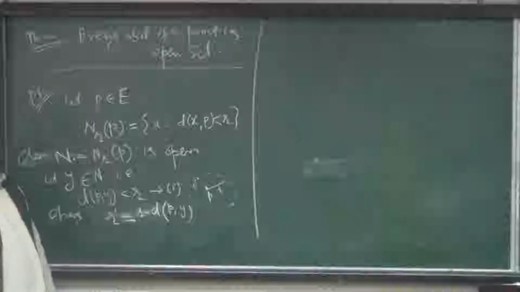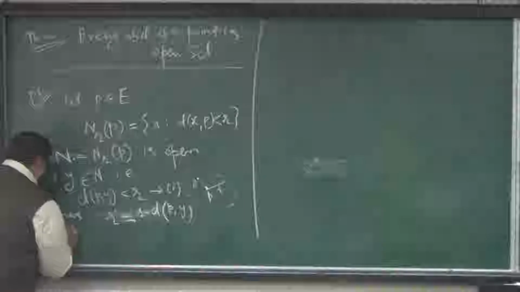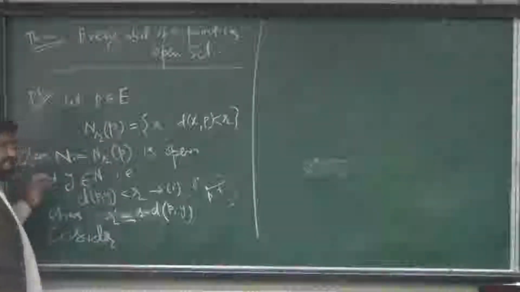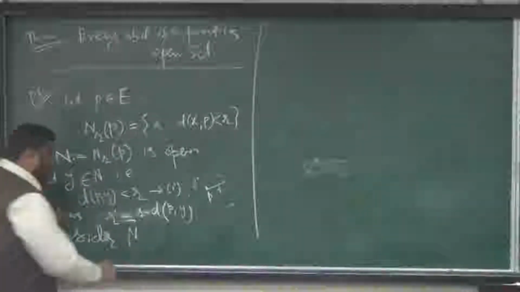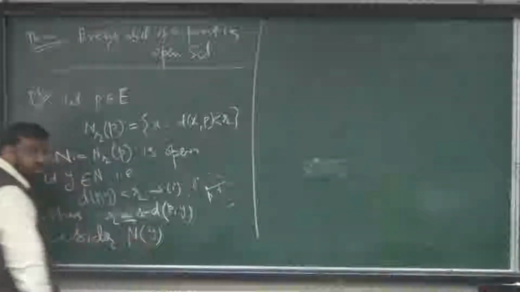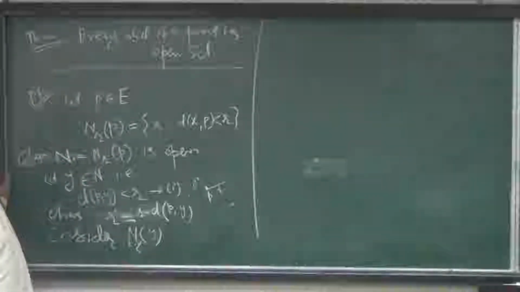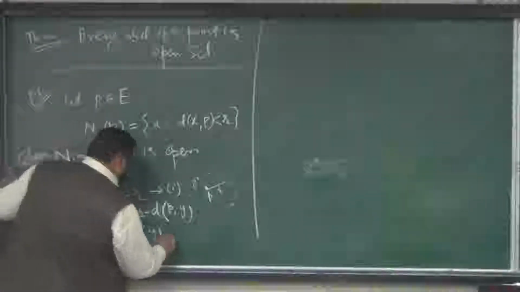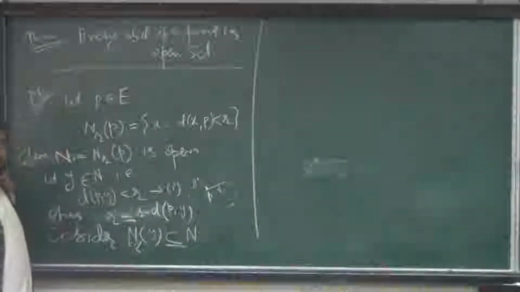Now draw any neighborhood at Y. Okay, so let's draw a neighborhood. Consider a neighborhood of radius R prime at Y. Okay, and your claim is that this is entirely contained in N. That's what your claim is.